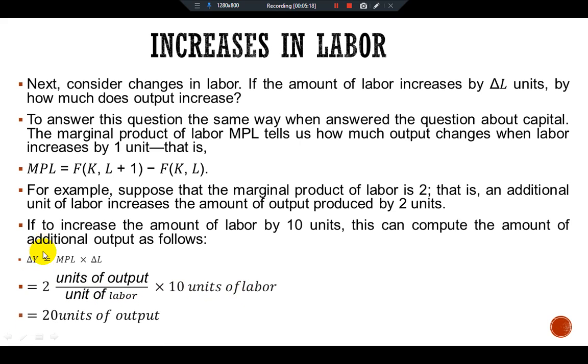So we get delta Y is equal to 20 units of output. This reveals that by increasing labor by 10 units, we obtain 20 more units of output. Thus, we use the marginal product of labor to convert changes in labor into changes in output.